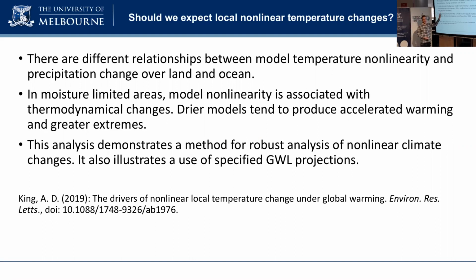We can explain why some models have accelerated warming and decelerated warming locally by looking at other variables like precipitation, mean sea level pressure, etc. This shows that the nonlinear change in the models contributes a lot to the uncertainty in regional climate projections, and it's something we're going to need to constrain to have more confident regional climate projections. The main point I'm trying to make is that this kind of analysis is only really possible using global warming level projections.